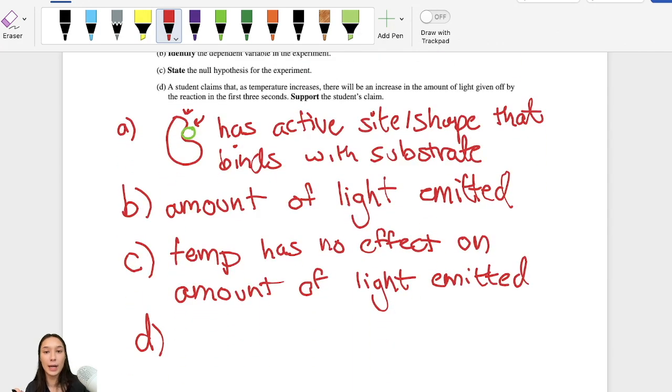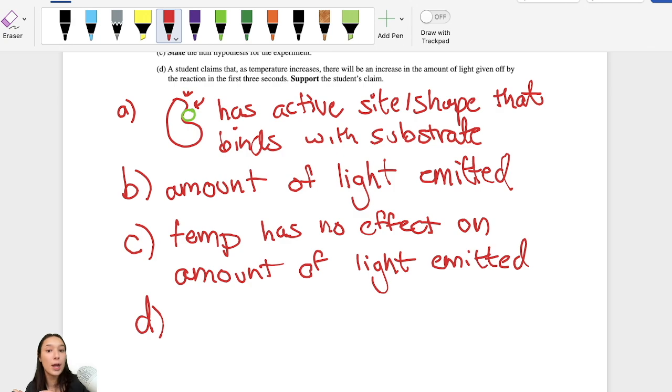You're increasing kinetic energy. Basically, your enzyme and your substrate are going to be moving a lot faster. That increases their chances of bumping into each other, okay? So increasing temperature is going to increase the rate of collisions. And then as a result, if your substrate and your enzyme are interacting more, you're going to get more product, which in this case is light, okay?